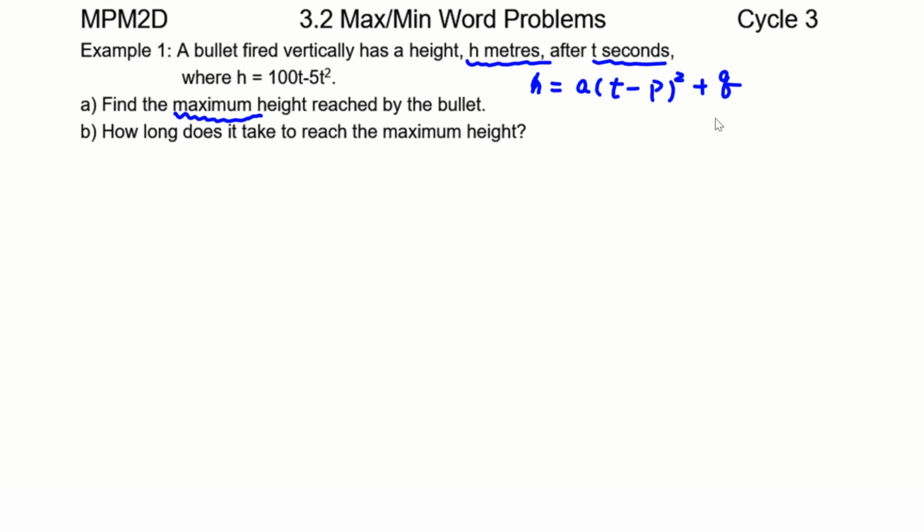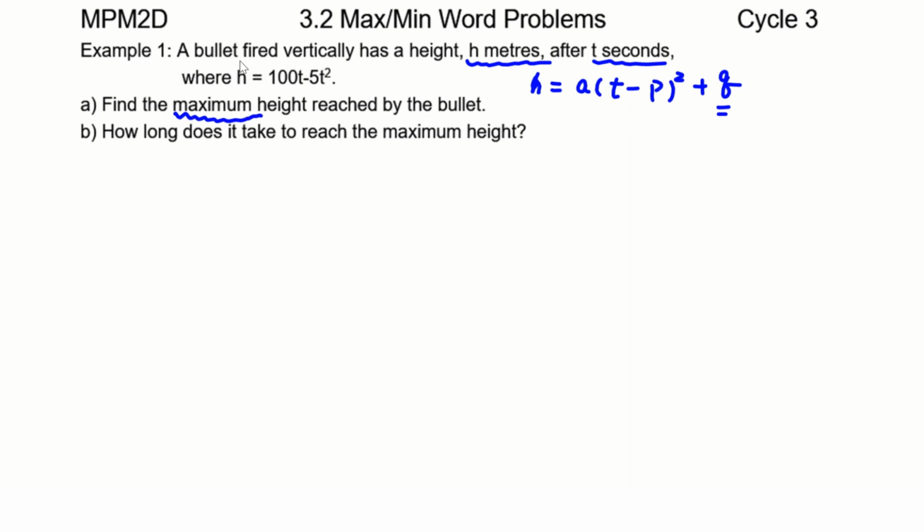Then the q value will be your maximum or minimum value. So whenever the question is asking for a maximum or minimum value, and it's given in standard form, you could use completing the square to convert from standard form to vertex form.